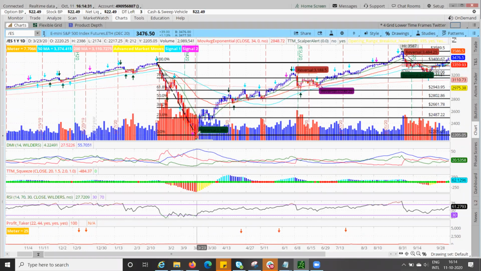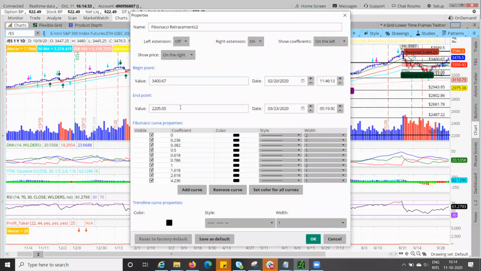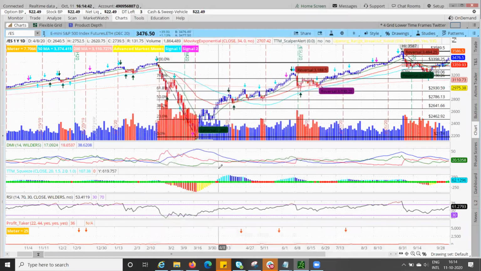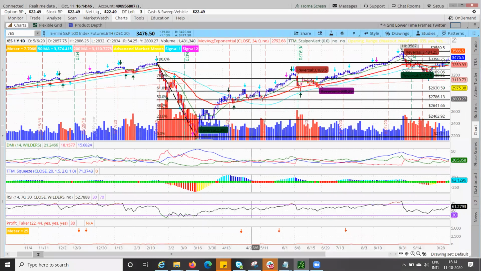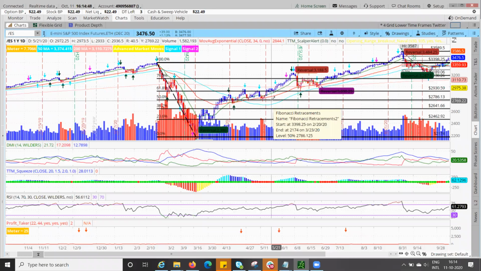Let me just correct the numbers. 2174, 3398.25. So look at this. Here there was a support, right? So 50% was a support.